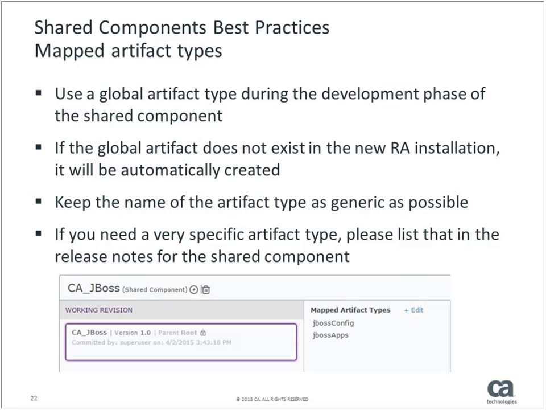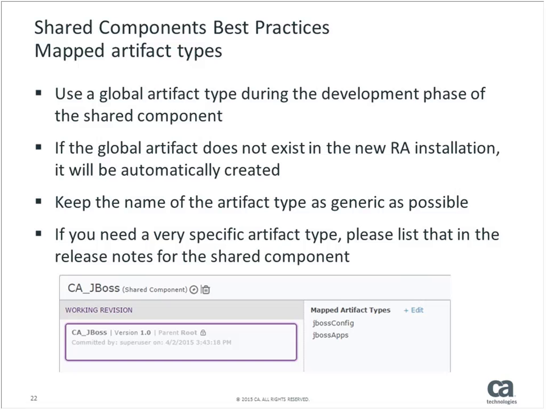So if it doesn't exist, when you bring it into a new RA installation, this particular artifact will be automatically created for you. But it's recommended that you keep the name as generic as possible so you can actually see it as it's going across.